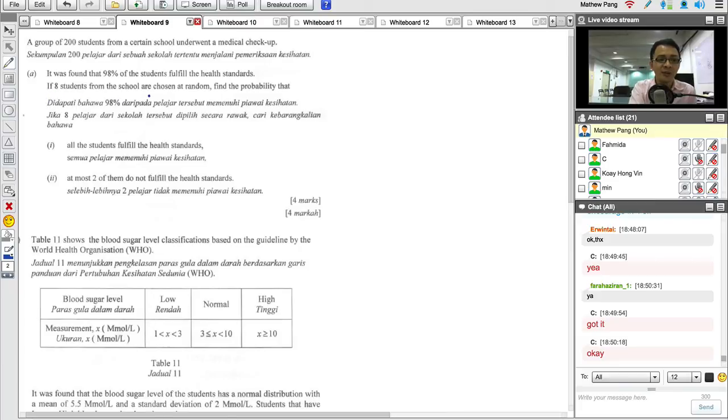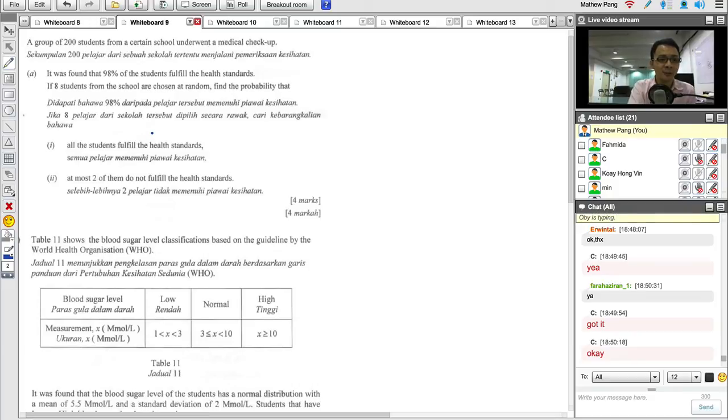If 8 students from the school are chosen at random, find the probability that all the students fulfill the health standard. You must get the idea what is n, what is p, and what is q.